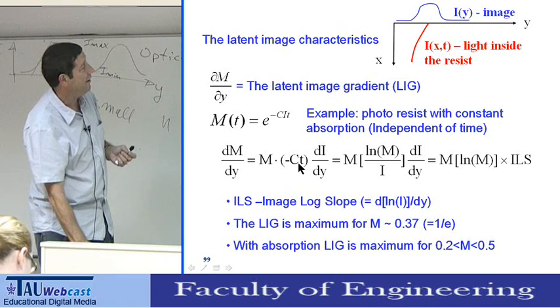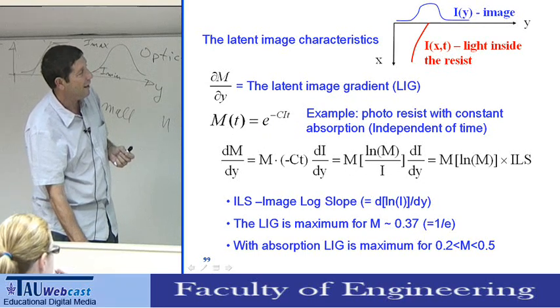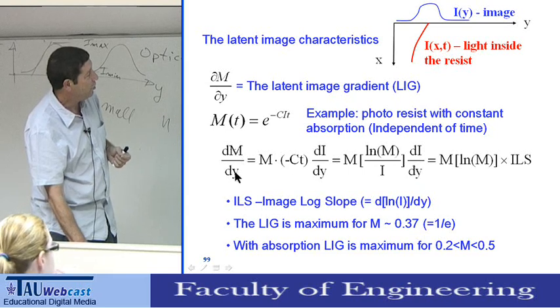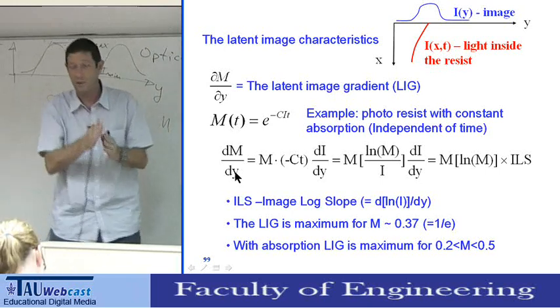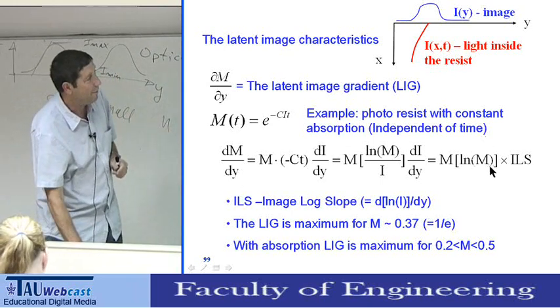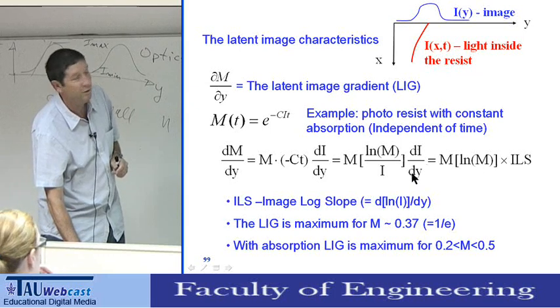Now, minus Ct from this equation I can write as ln M over I. Take ln M, I got minus CIt, so ln M over I is minus Ct, so I replace it. So here is written M ln M over I, dI over dy. So see what happens. The contrast, the slope of this function of M in the lateral dimension, is a function of M, but it's also a function of dI over I over dy.